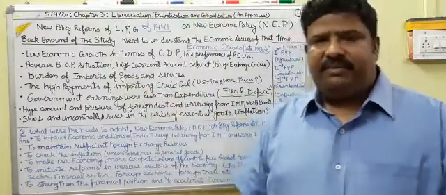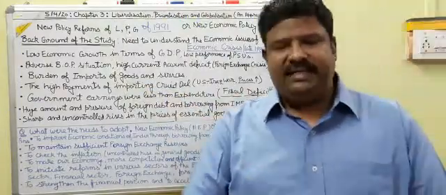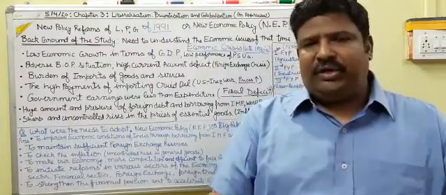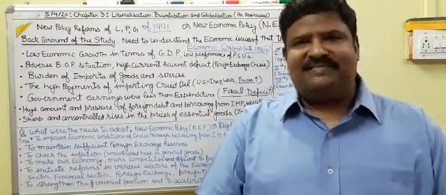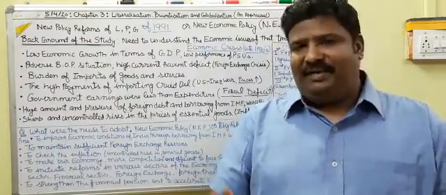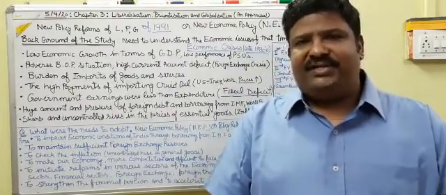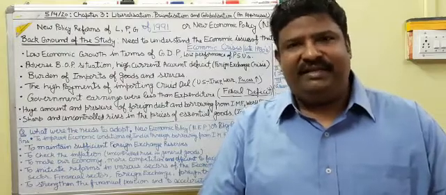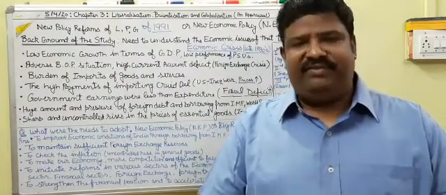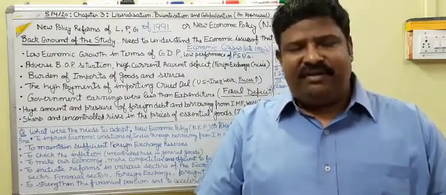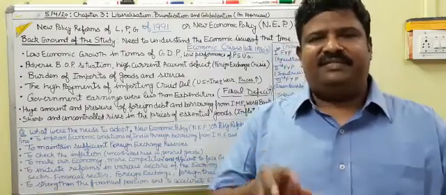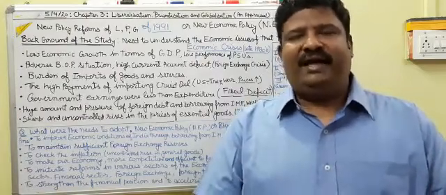Dear friends, before starting this, I would like to recall some of the major things that our economy started in a positive direction from 1950, when we launched the first 5-year plan. In the first 5-year plan, the emphasis and focus was on agriculture.